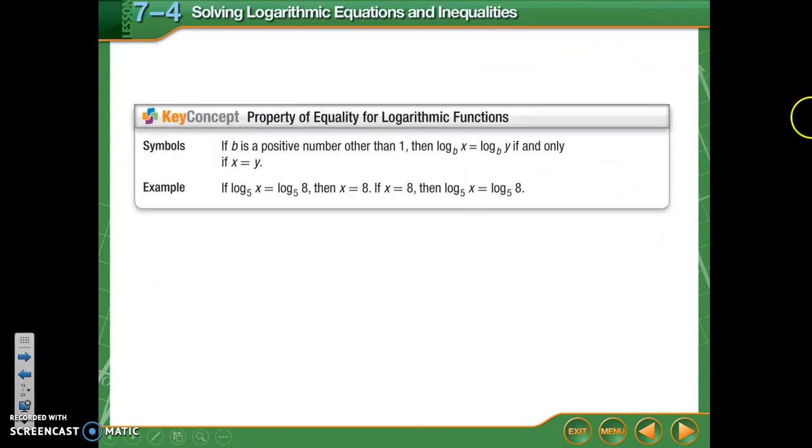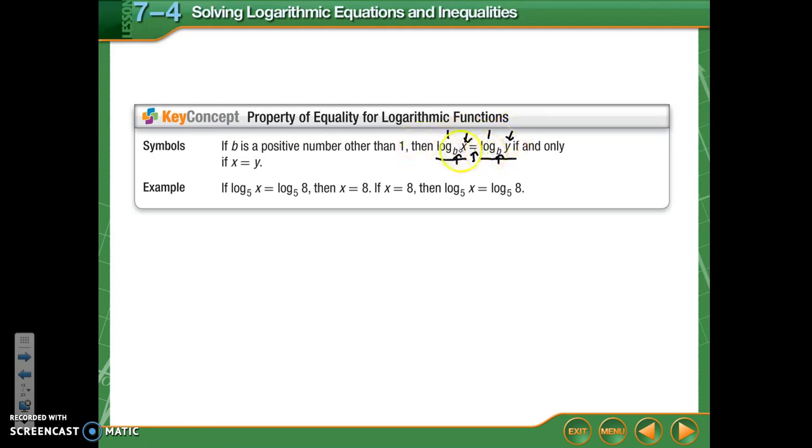Okay? So what we're going to look at now is what happens when I have a logarithm on both sides of an equation. So notice here I have log base b of x equals log base b of y. There's one logarithm on both sides, and they both have the same base of b. Those can only be equal to each other if x, what's inside the log here, is the same as what's inside the logarithm here.